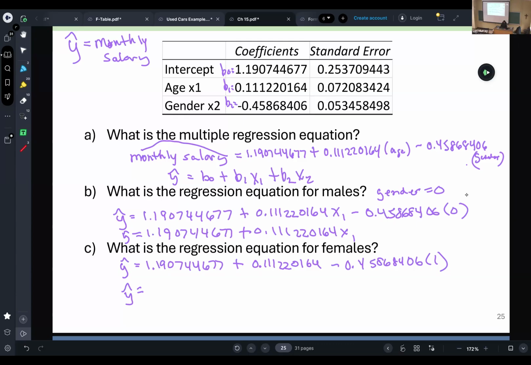Let me just find my notes. I didn't carry as many decimals in my notes. Does anybody have the new intercept? 1.190744677 minus 0.45868406. It's saying syntax error. What am I doing?